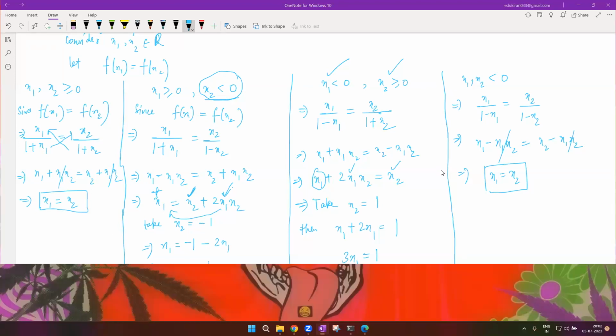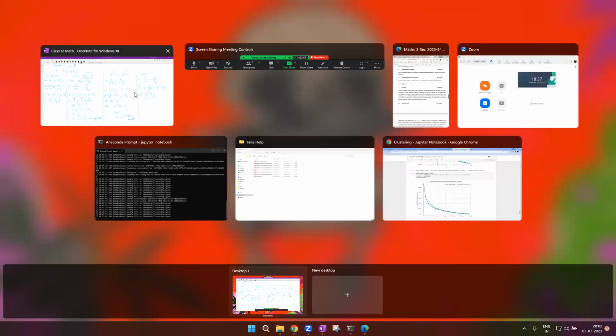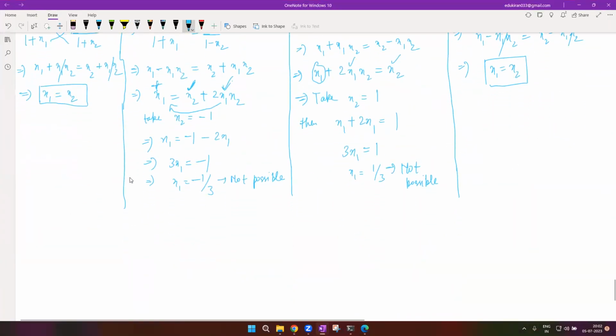So after solving all of these cases, we can say from the above calculations x1 is equals to x2 is the only solution. And hence, the given function is one-one.